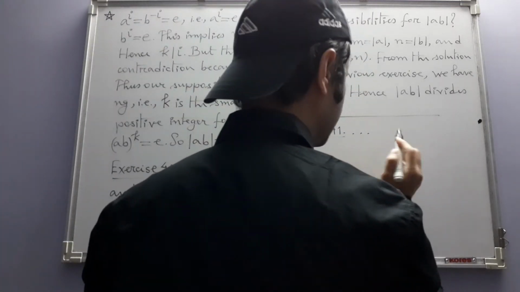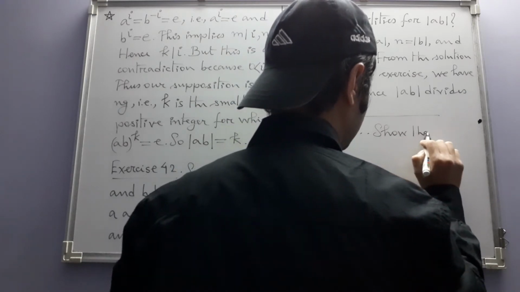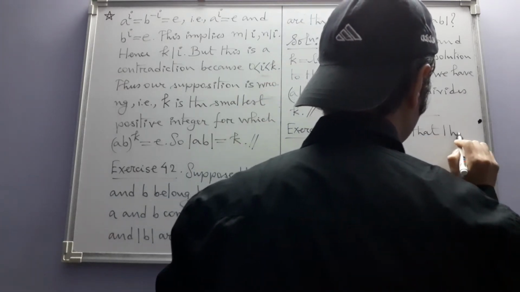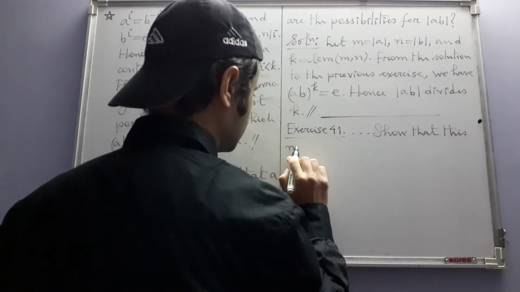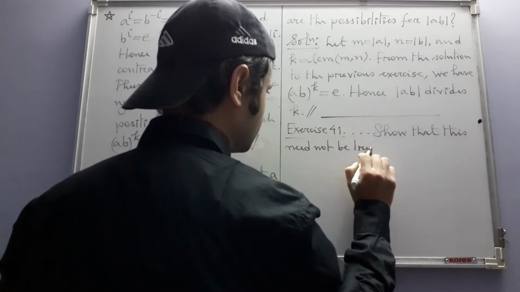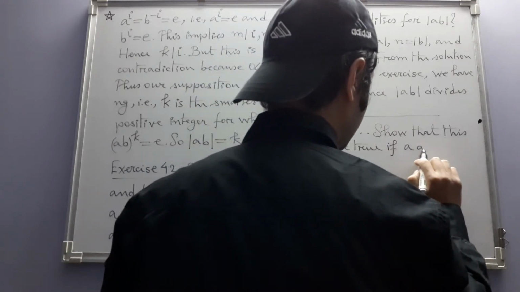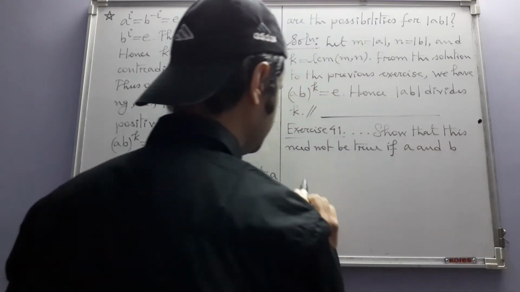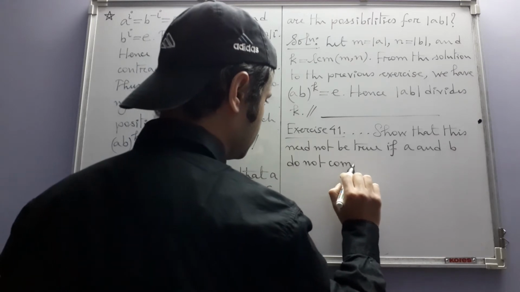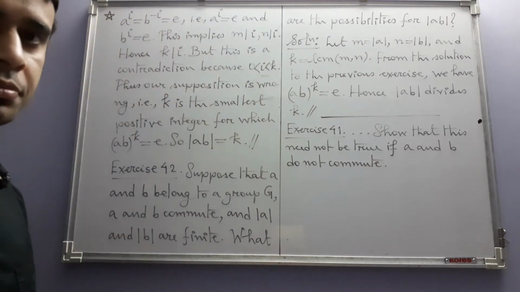The statement is like this: show that this need not be true if A and B do not commute.